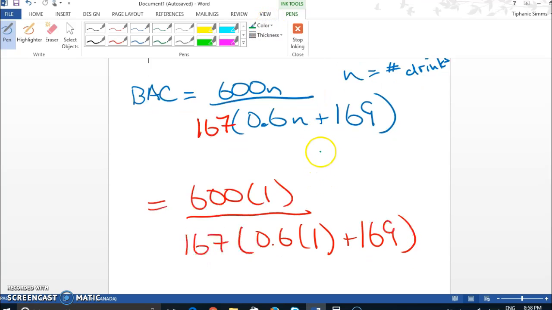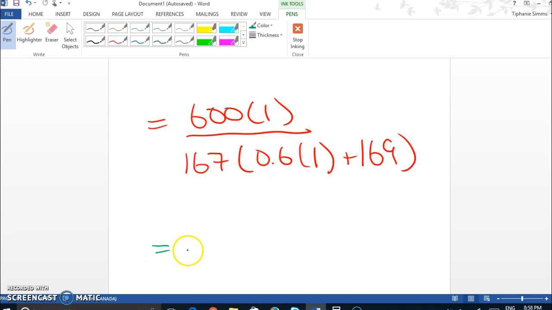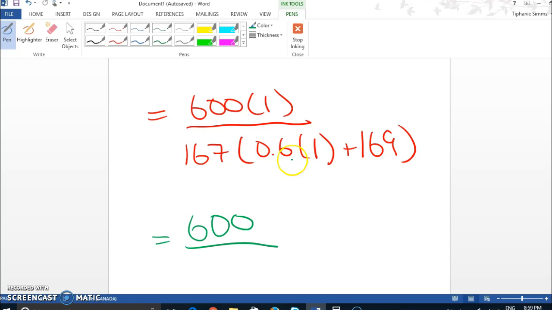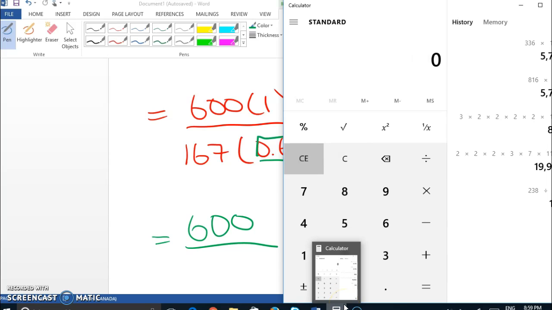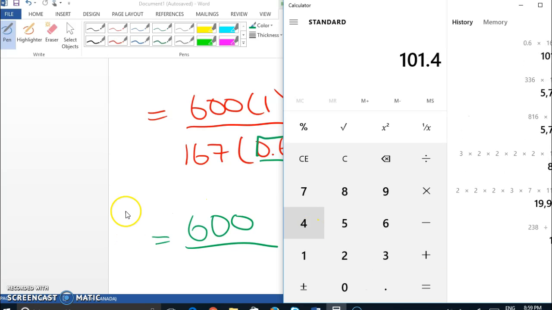So simplifying the top, that's pretty easy, 600 on the top. And down below, we're going to have to do a little order of operations. So we're going to have 0.6 times 169. Get the old add machine out there. That comes out to 101.4.